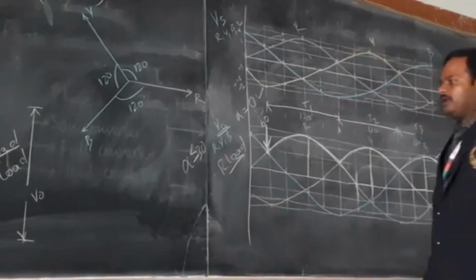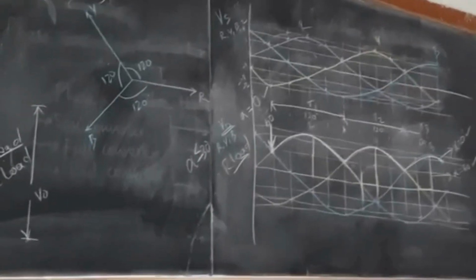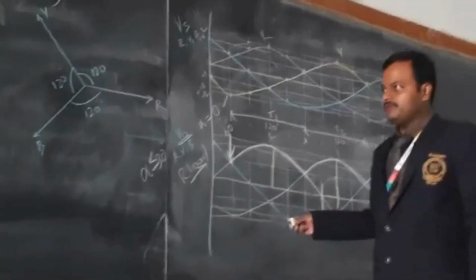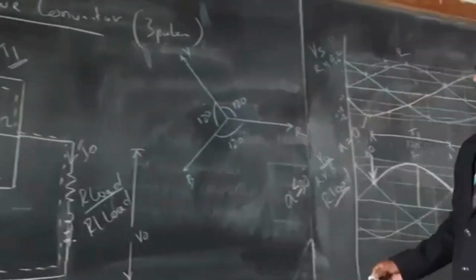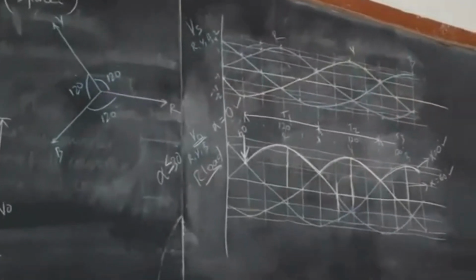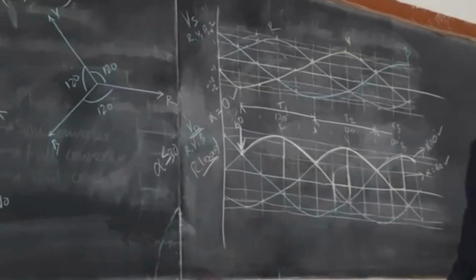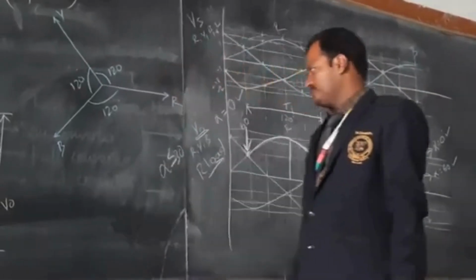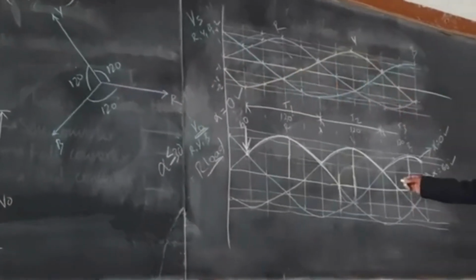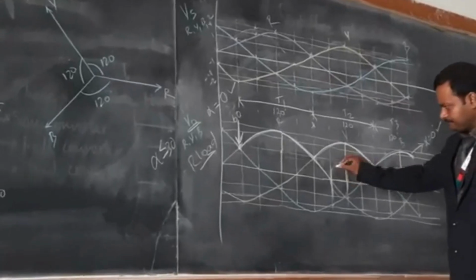Now RL mode, the difference is we are going to have the inductance. Inductance, what happens to the inductance? It has a continuous current. Okay, we are going to consider that inductance is large. We are going to have the continuous flow current.